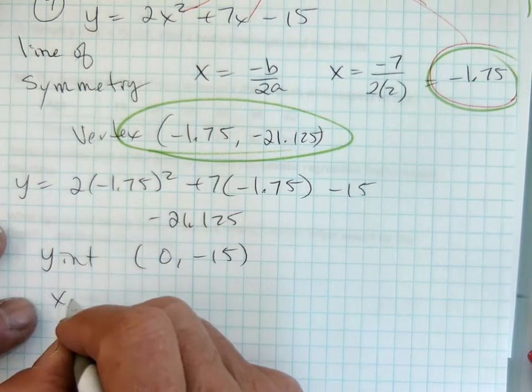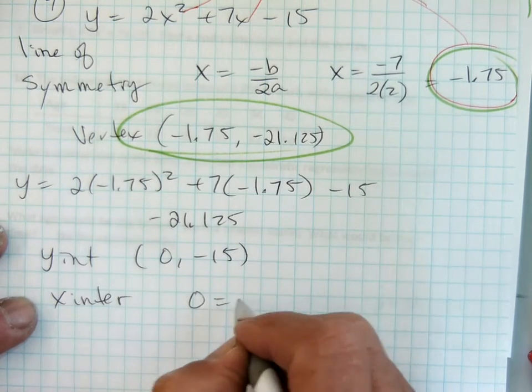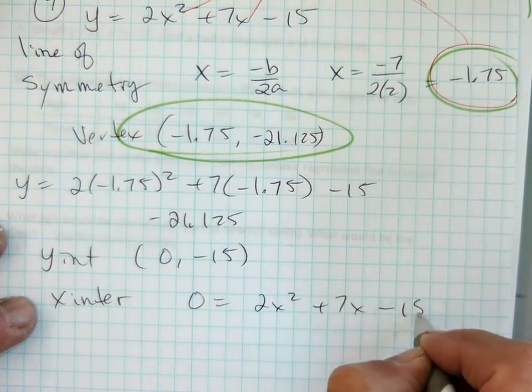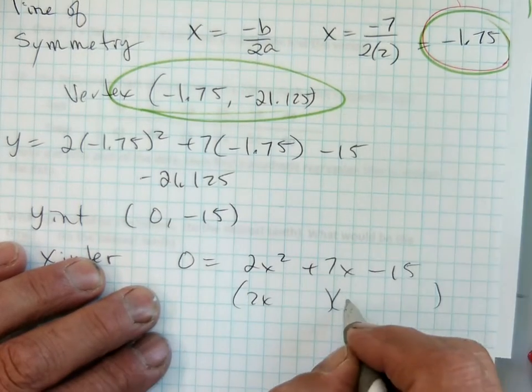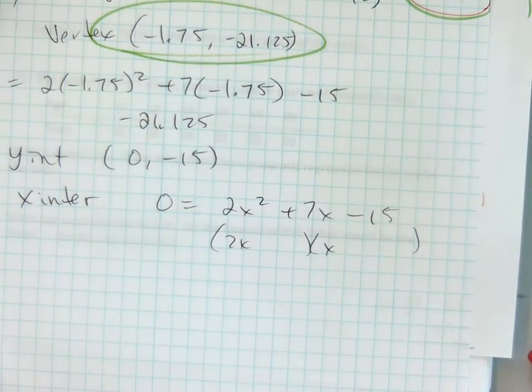The x-intercepts, will it factor? Gosh, I hope so. I have not done this problem in a long time. If it won't factor, I have to use the quadratic formula. Just give me a second. Let's see if it does. 2x, x, 5. Yeah, it will factor. Yay, factors!